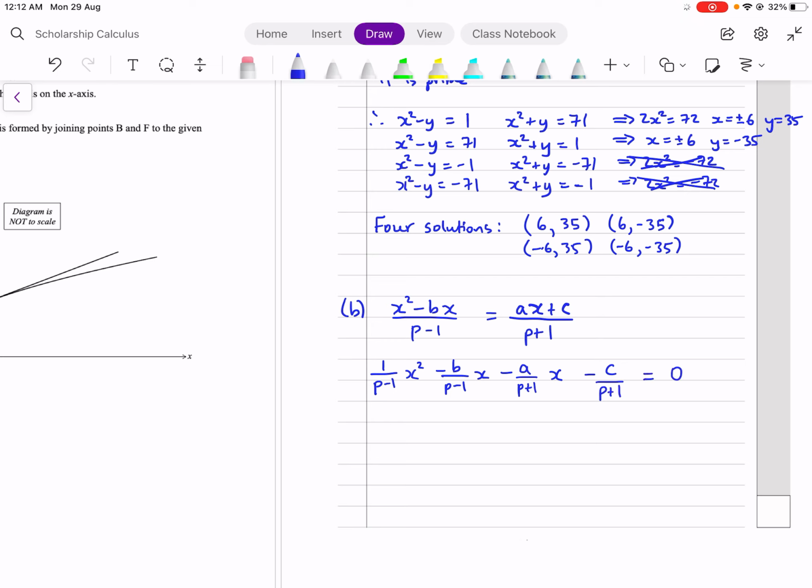Okay, now my quadratic's almost in standard form, I just have to put the x terms together. We know that the solutions are equal magnitude and opposite in sign. What that means is that we have a difference of two squares. I'm going to times everything through by p minus 1 just so that it has a coefficient of 1 in front of x squared.